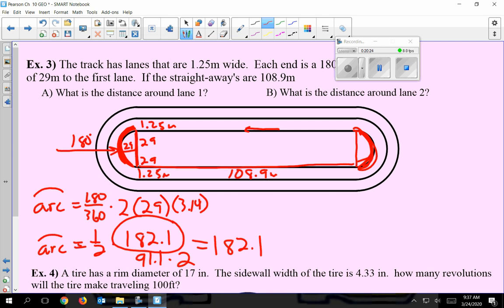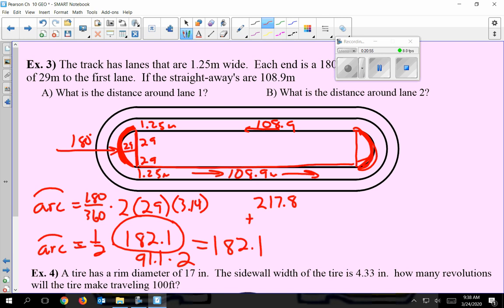Okay, so once again, I'm trying to find how long I have to run around it. Now remember, if I'm running this straightaway here that I listed, I have to also run around this straightaway over here. So I've got 2 straightaways and basically a circle that I have to run around. Hopefully you're kind of understanding that. Okay. So when I take the 108.9 and I double it, because I have to run both of them, I get 217.8.